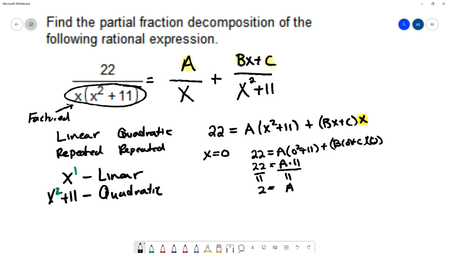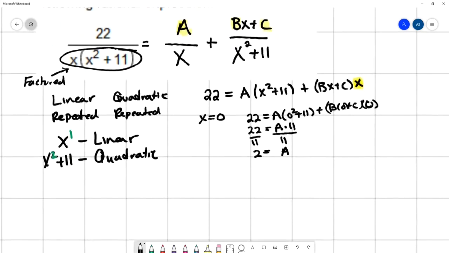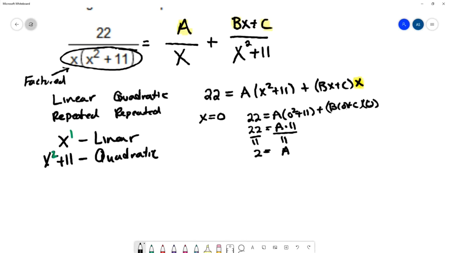Now, we don't really have any other strategic values of x to choose, so I'm going to use the other method going forward, the equating the coefficients method. With this method, I can go ahead and put that value of A in.